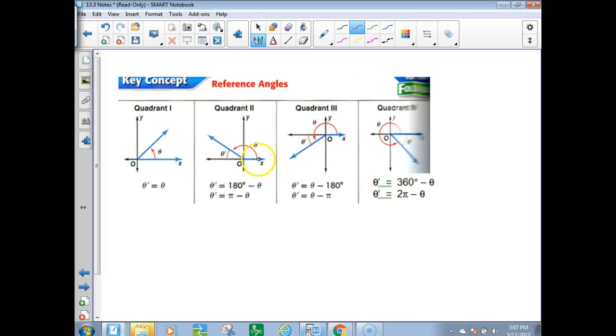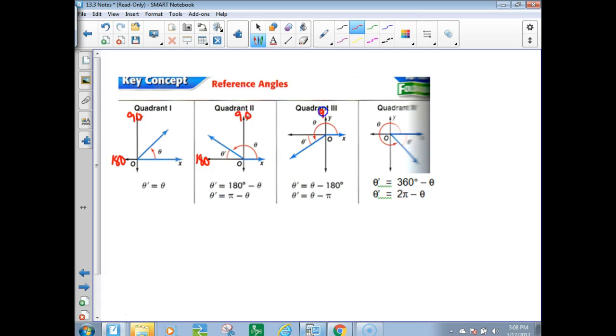If your angle terminates in quadrant 2, then if you want to know its reference angle, you would need to take the angle that you started with and subtract it from 180, because it's 180 degrees from 0 to here. And then how much is it at the top? Well, that's 90. Okay.